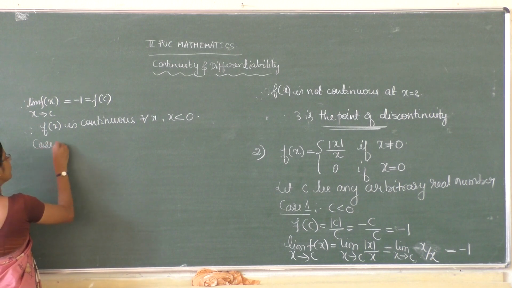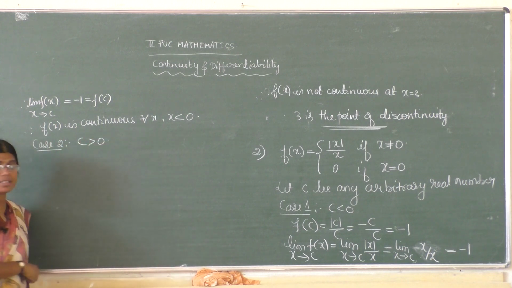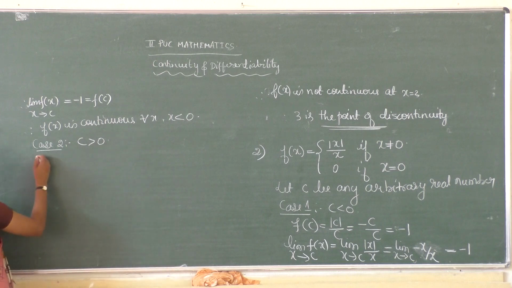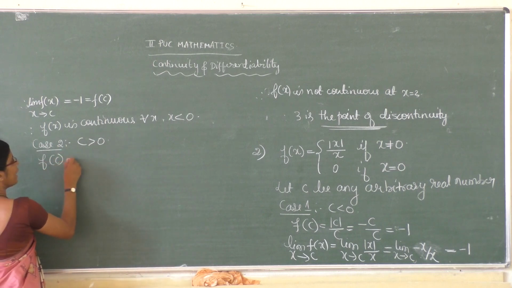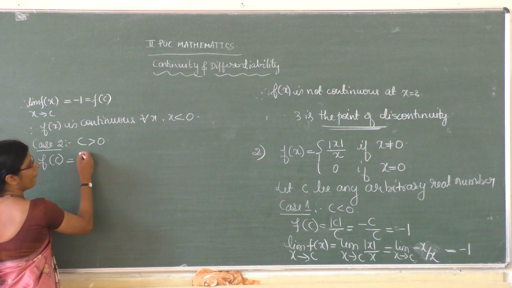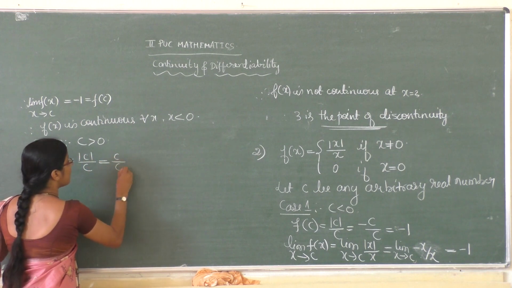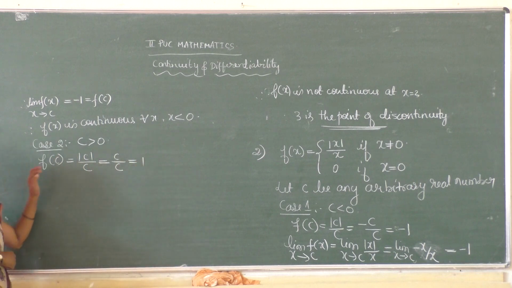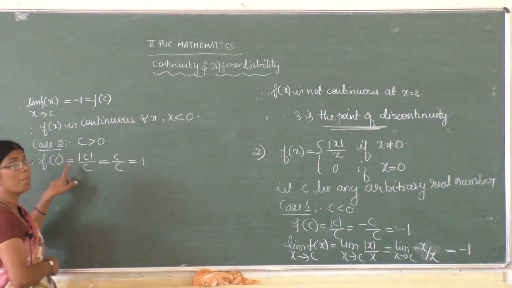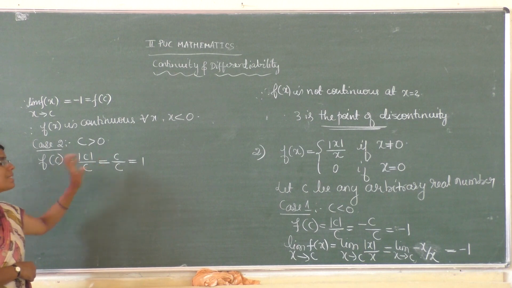Case 2, c greater than 0. In that case f of c equals modulus of c by c, that equals c by c, which is 1, because when c is greater than 0, modulus of c becomes plus c.